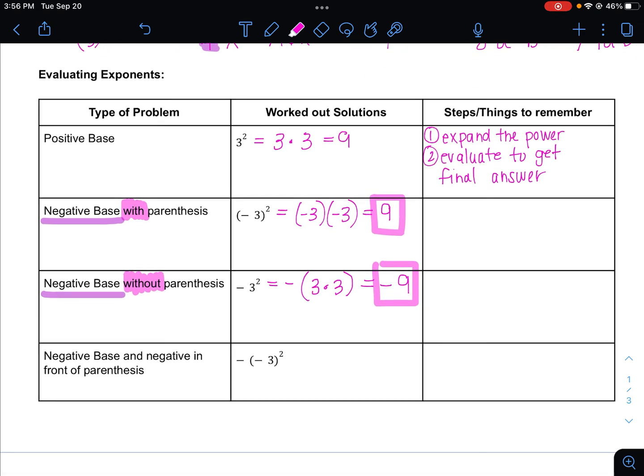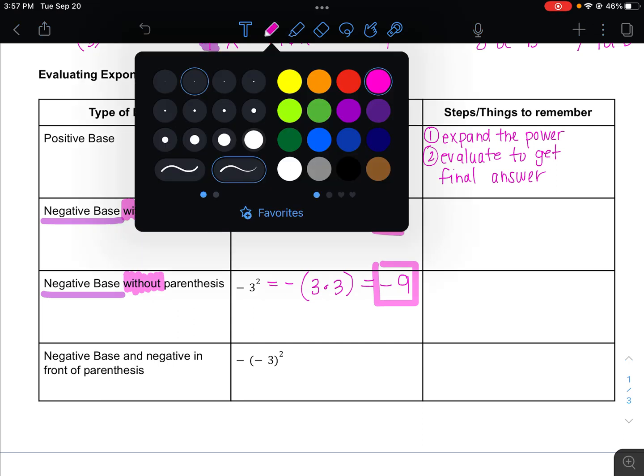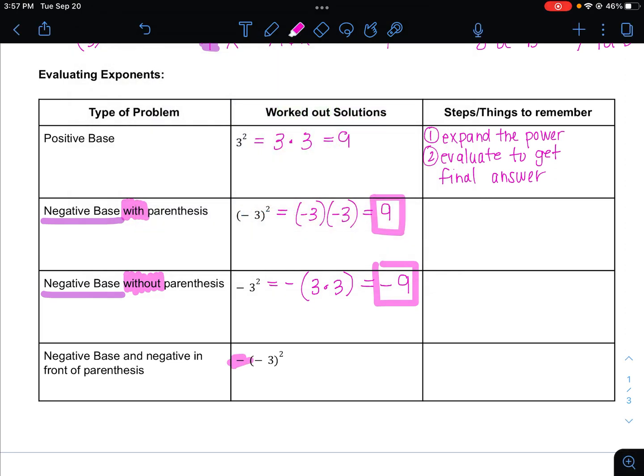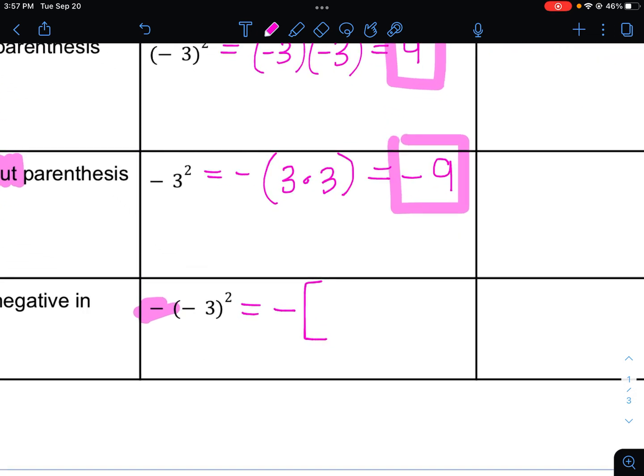And then the last example is a negative base with a negative in front of the parentheses. So what we're going to do is carry that negative in front over to our answer first. We're going to use a bracket, and then on this particular example, this negative 3 is stuck together by parentheses.